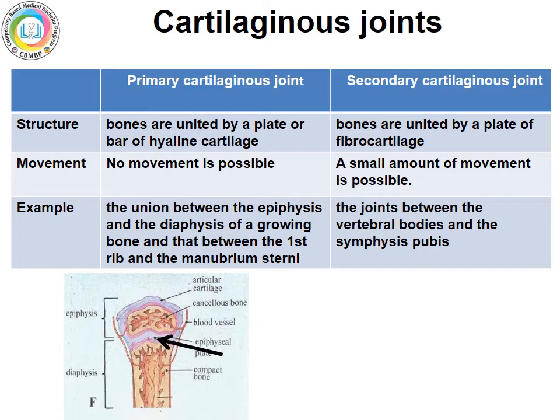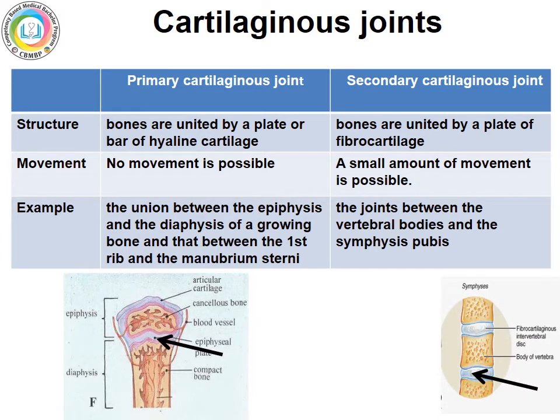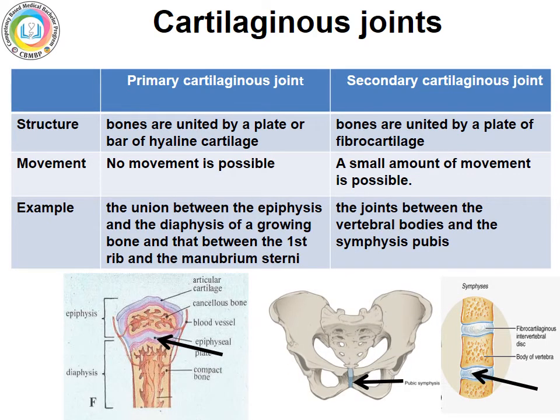This is an example of a primary cartilaginous joint. But in secondary cartilaginous joints, the joint between the vertebral bodies, intervertebral disc, and also symphysis pubis. What's symphysis pubis? It is the joint between the two pubic bones of the hip bone. And here is the joint between the vertebrae, the intervertebral discs.